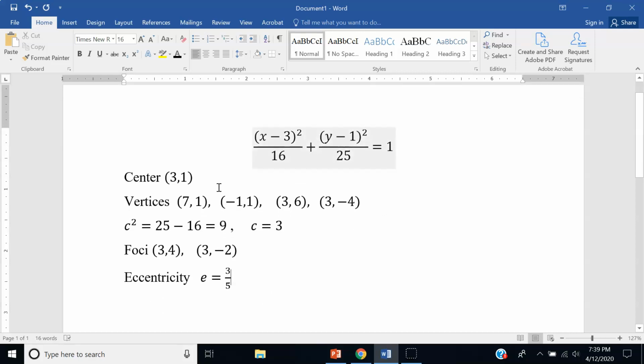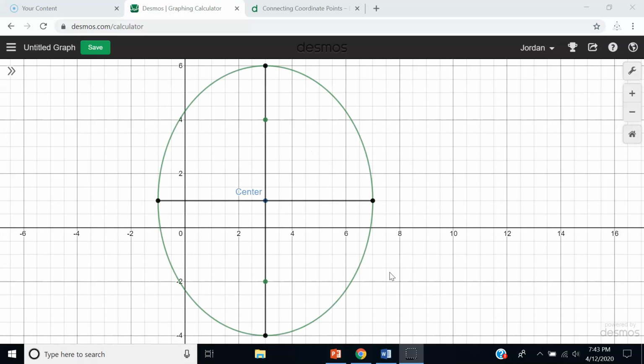Now let me graph all of those things so you have an idea of what you're looking at. I tried to draw that out to scale here so that you can see its center is at 3, 1, and this ellipse is stretched out further in the y direction, up and down, than it is in the x direction, left and right.